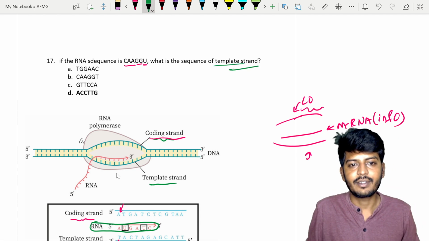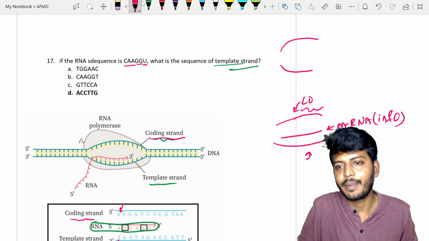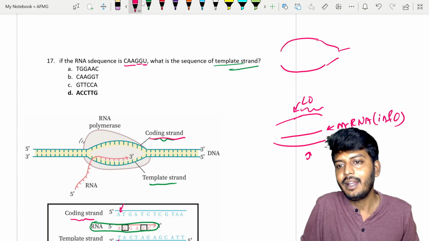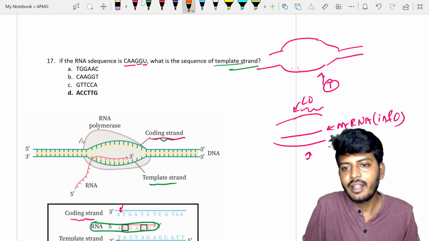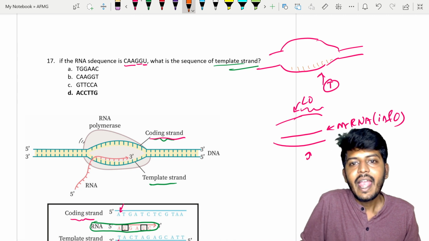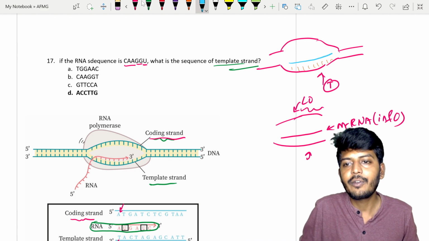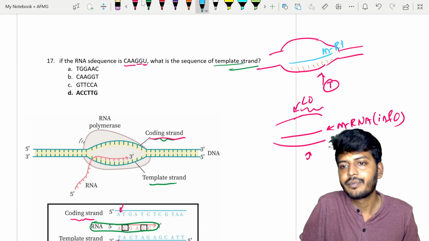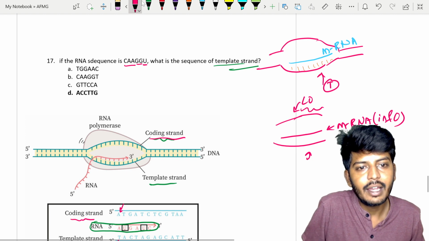So first let's talk about the DNA. DNA is separated like this. On this we have a template strand. On the template strand, whatever codes are there, exactly complementary to that, the mRNA will be there. So they are telling us the RNA.